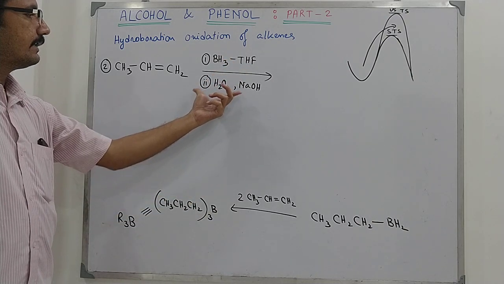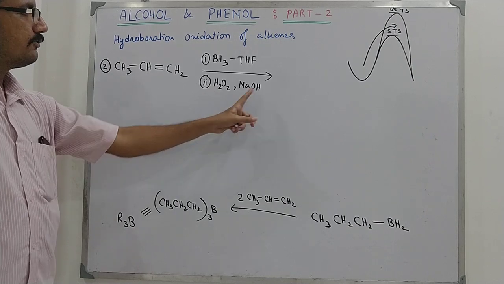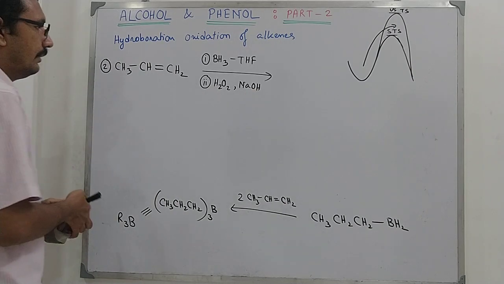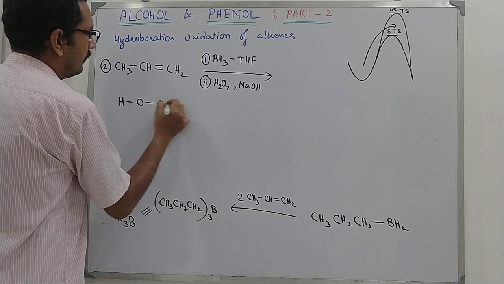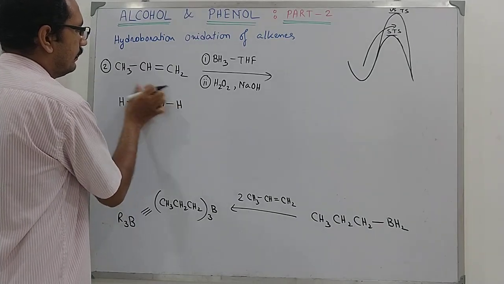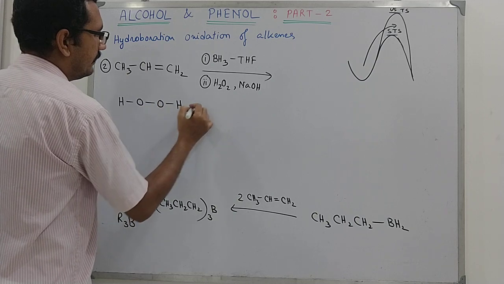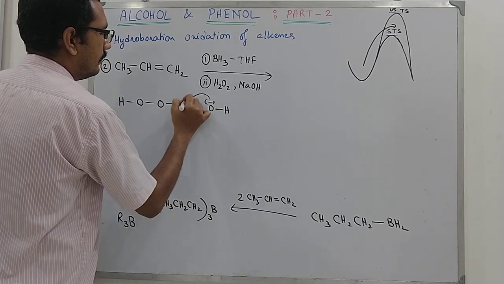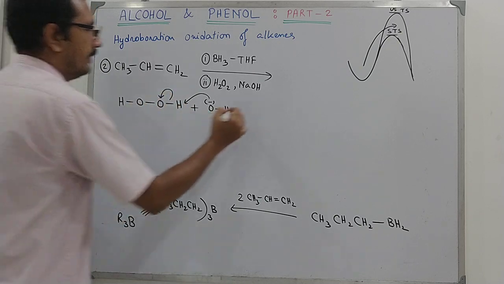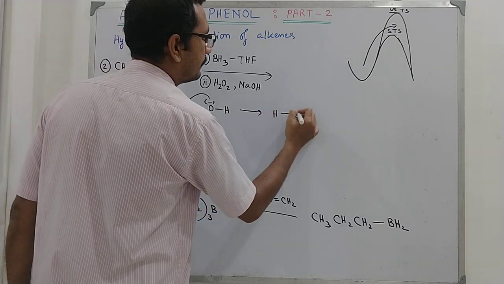And in the second step, it will react with H2O2 and NaOH. Now H2O2 and NaOH will first react. This is a dibasic acid, and when it reacts with a base, this NaOH, we will have a nucleophile here.